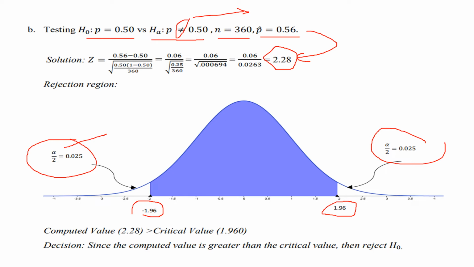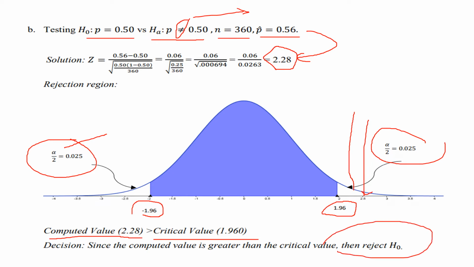So since your computed value of 2.28 is greater than your critical value, your computed value will fall somewhere here, right after your 2.0. So now, since the computed value is greater than the critical value, we're going to reject your null because your computed value falls on the critical region or the rejection region.